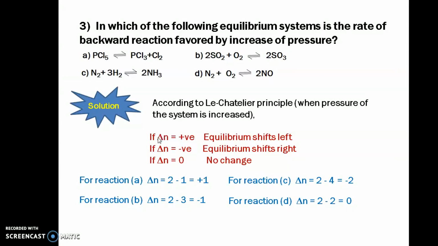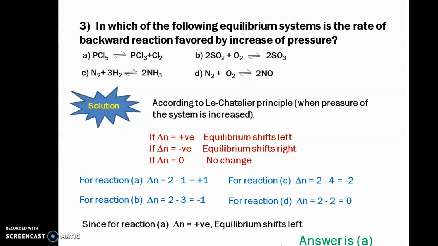It is a positive value, and according to Le Chatelier's principle, the equilibrium shifts to left. What is our problem? The rate of backward reaction favored by increase in the pressure. Which of the following reactions? So this is the reaction, option A. Since for reaction A the delta N value is positive, equilibrium shifts to left, and hence the answer A is correct.